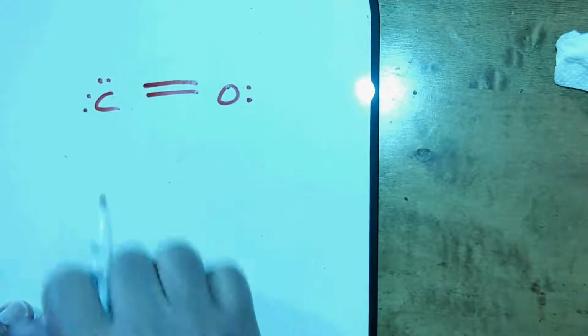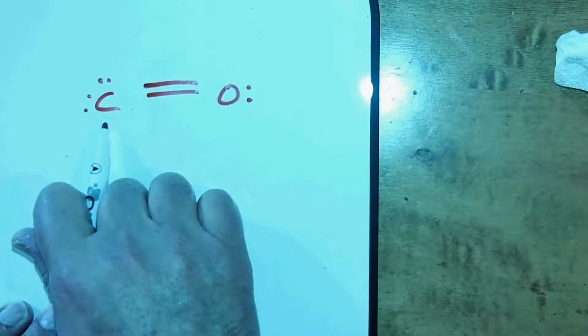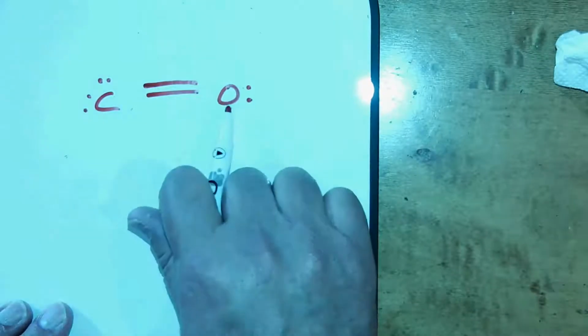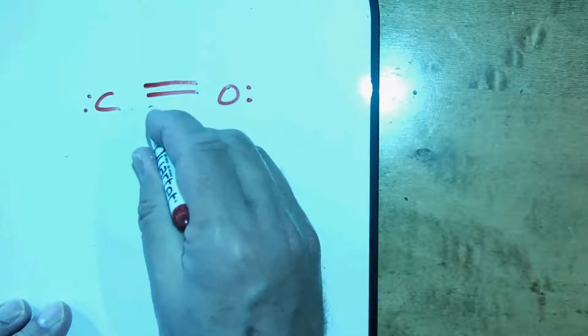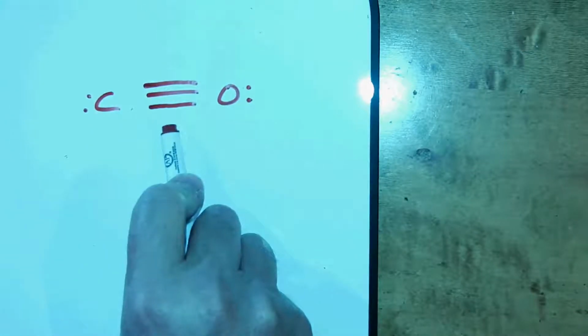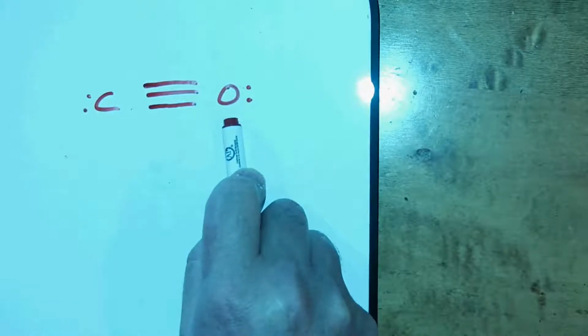At this point, my carbon's happy. My carbon has his octet. My oxygen still only has 6. What can I do? I can take a lone pair, turn it into a bond. There's my carbon monoxide. It's the carbon with the triple bond to oxygen.